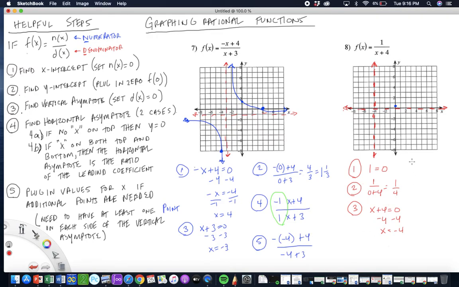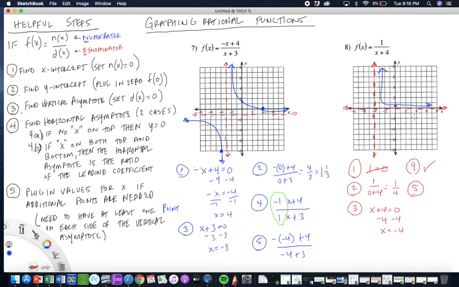We've already done step number 4 because we checked that when we looked at step number 1. We were a little confused, so we jumped right to 4 and found that the horizontal asymptote is on the x-axis, which resulted in no x-intercept. Now we're on step number 5, and just like on the last one, I have a point on this side of the vertical asymptote, which I'm going to use to estimate the graph on this side.